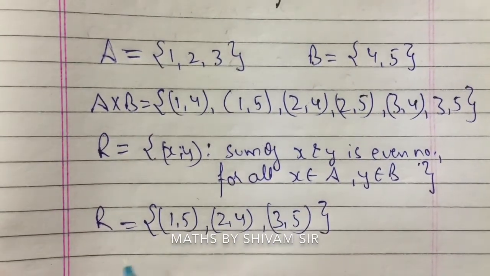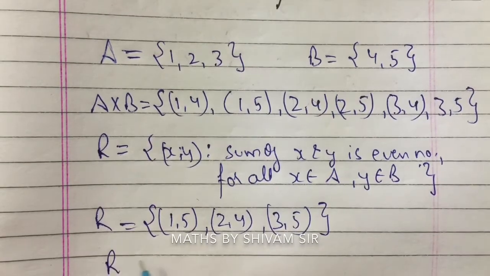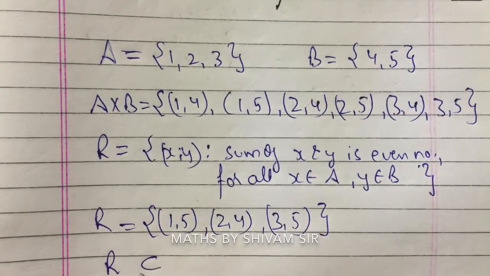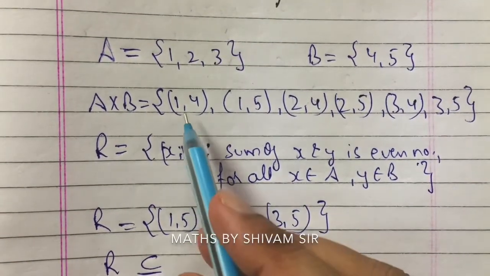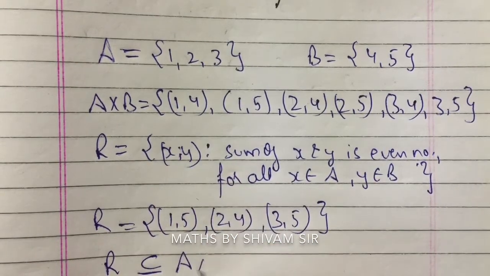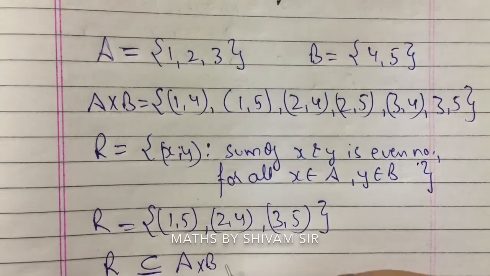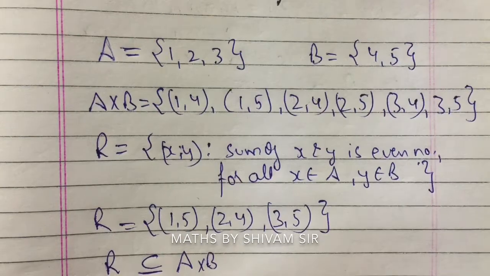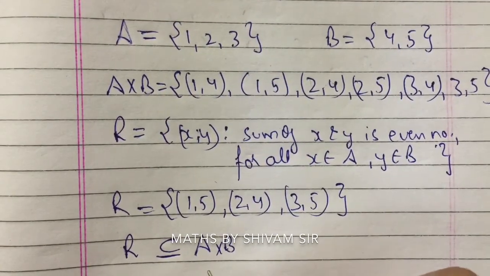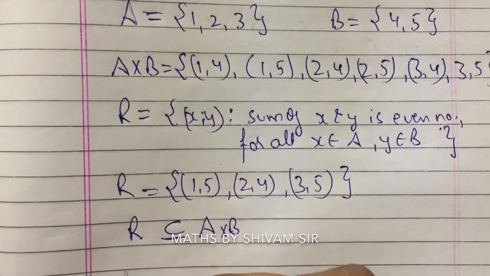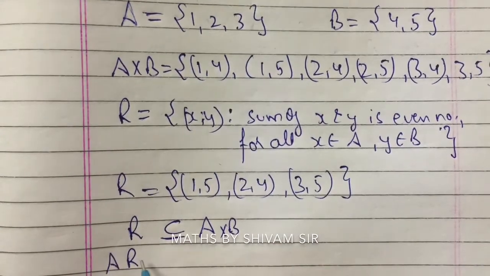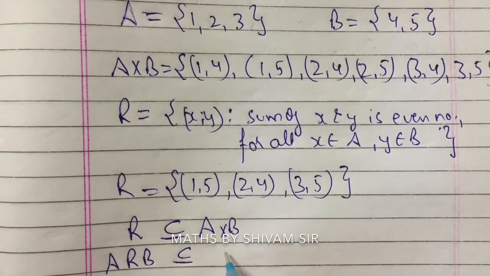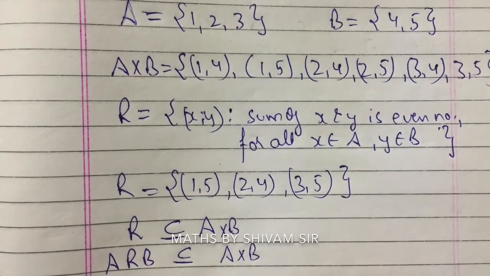If we see, this relation R is always a subset of, or equal to, A cross B. That is, a relation from A to B, ARB, is always a subset of the Cartesian product A cross B. Always.